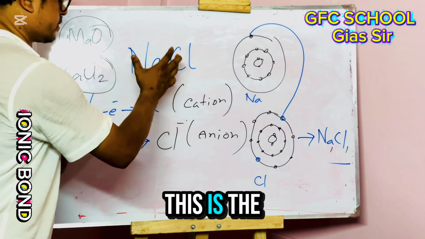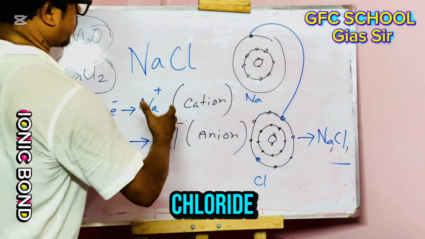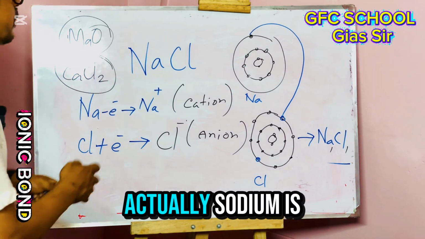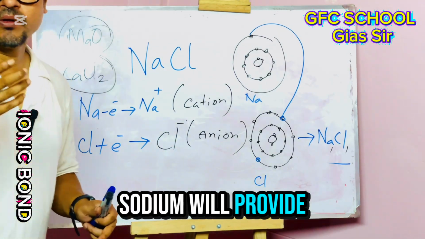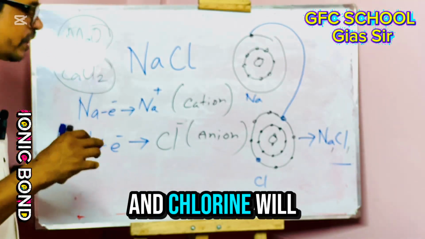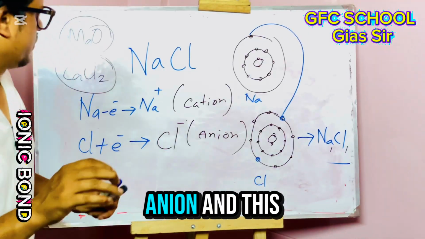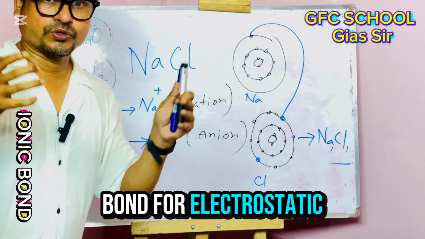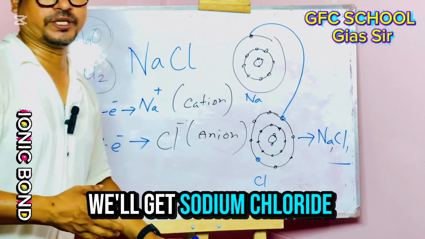Guys, this is the whole description of sodium chloride. If you want to say it in short, we could say sodium is a metal and chlorine is a non-metal. Sodium will provide one electron and become a cation, and chlorine will take one electron from the sodium and become an anion, and this cation and anion will make a bond by electrostatic force, okay, and then we'll get sodium chloride.